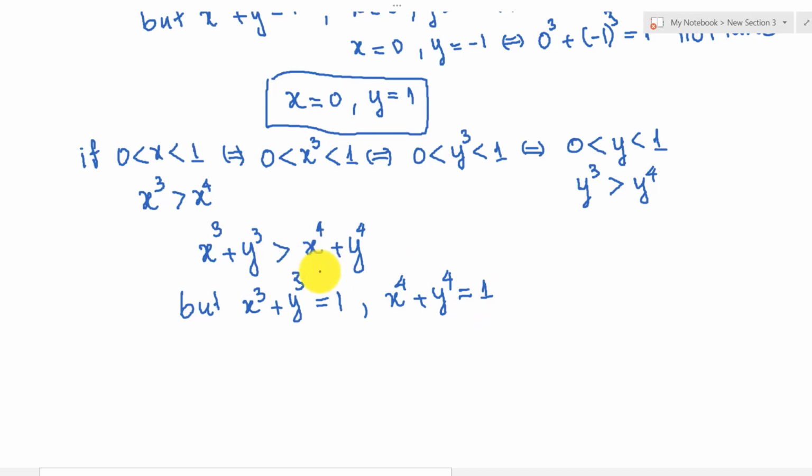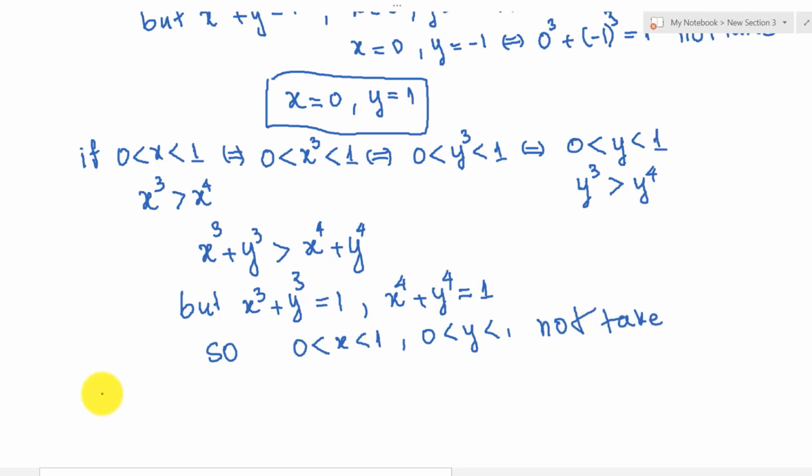So 0 smaller than x and smaller than 1 and 0 smaller than y and smaller than 1 is not taken.